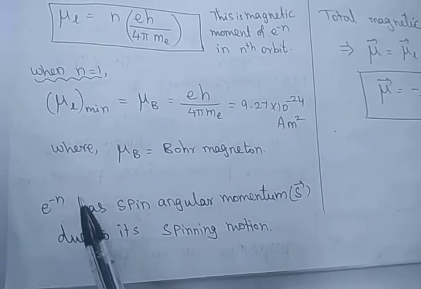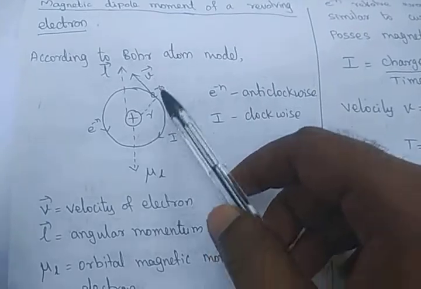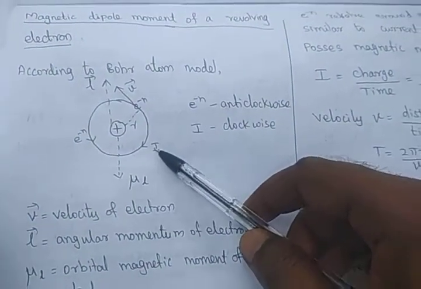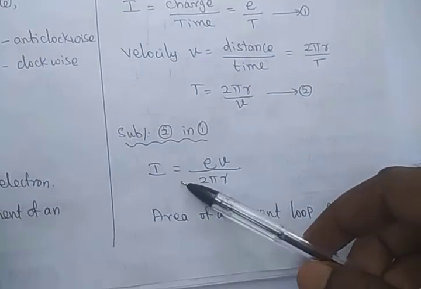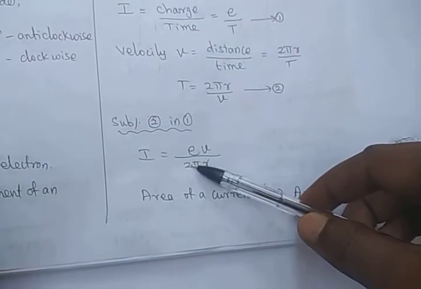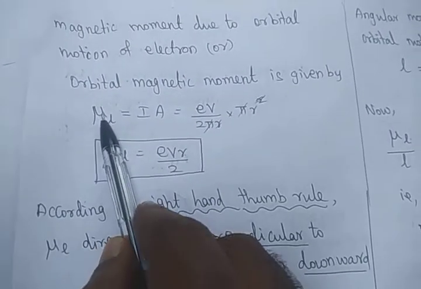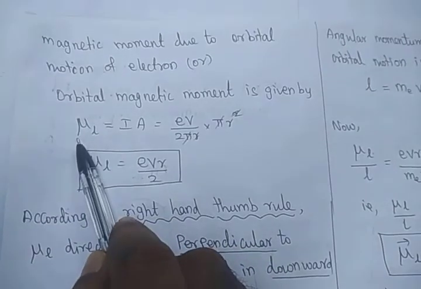Very simple, students, don't confuse with this. Just take the electrons revolving in the anti-clockwise direction, so the current I is there. We derive the expression for I using charge by time: I is equal to ev by 2 pi r, and area is equal to pi r square. Then simply we get M is equal to I into A, where M is the orbital magnetic dipole moment.